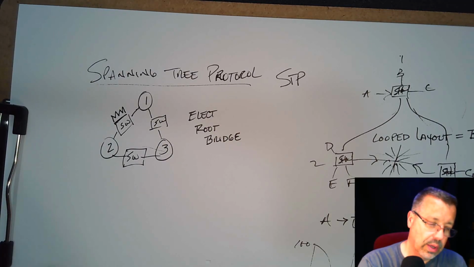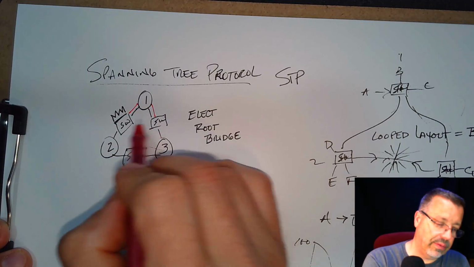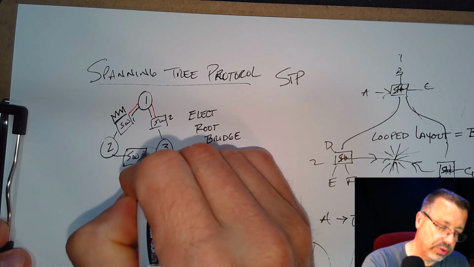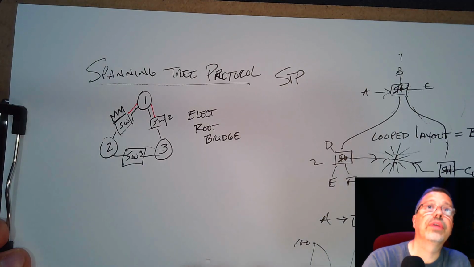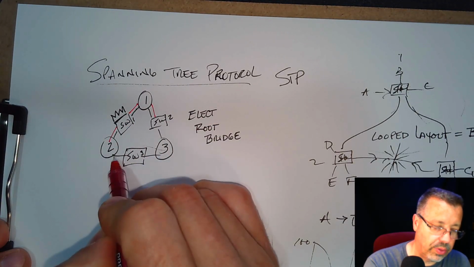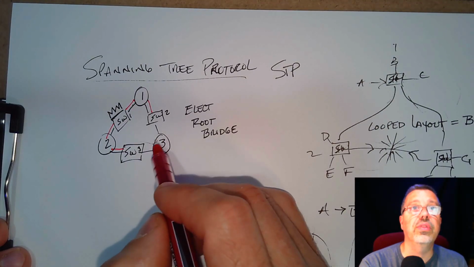And when they figure that topology out, let's say this is switch 1, switch 2, and switch 3. So to get from switch 1 to switch 2, we have to use that path. And to get from 1 to 3, we have to use that path. But we don't need either one of these paths.